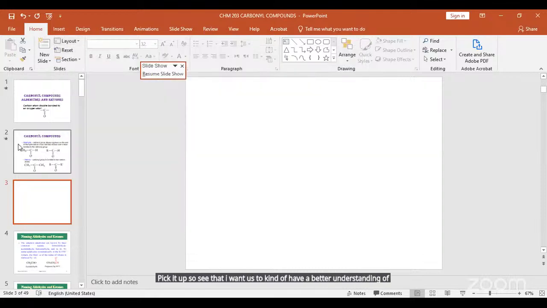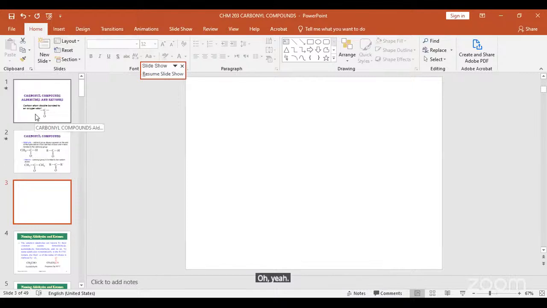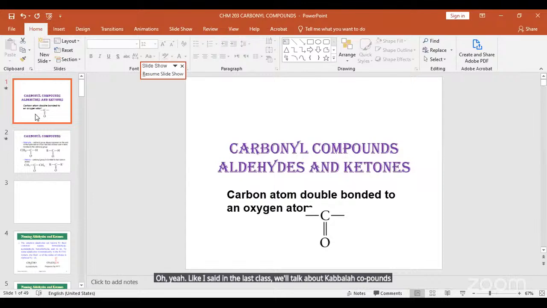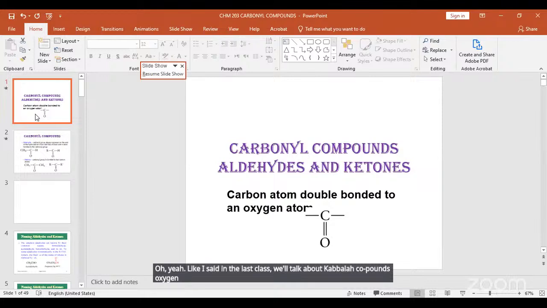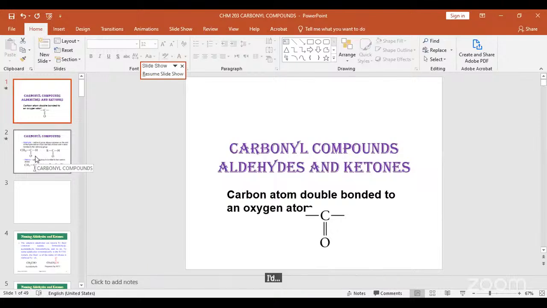So like I said in the last class, carbonyl compounds are compounds having the carbon double bond oxygen, and particularly you have the aldehydes and the ketones.